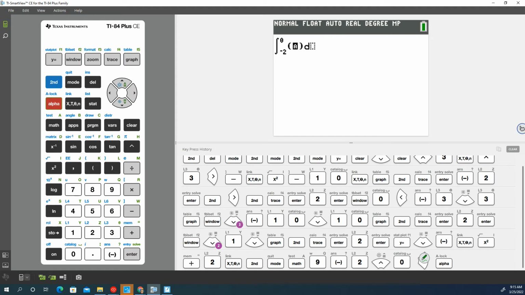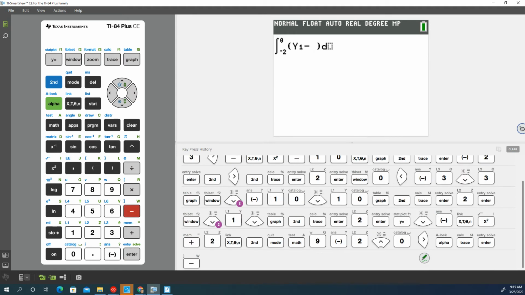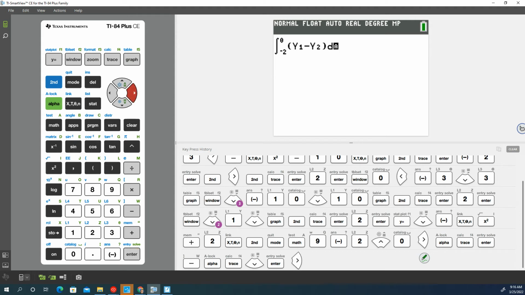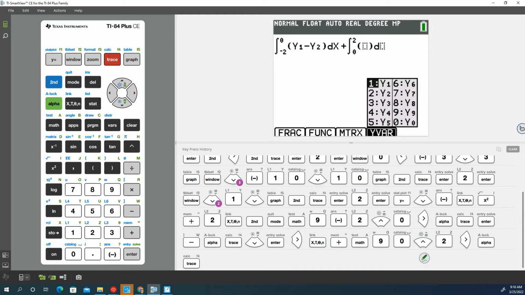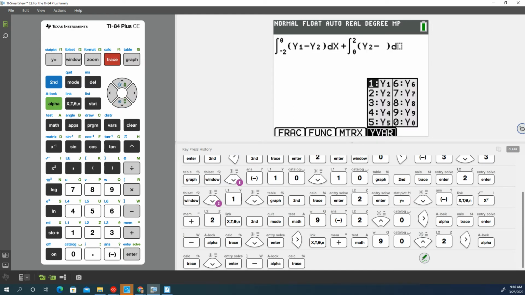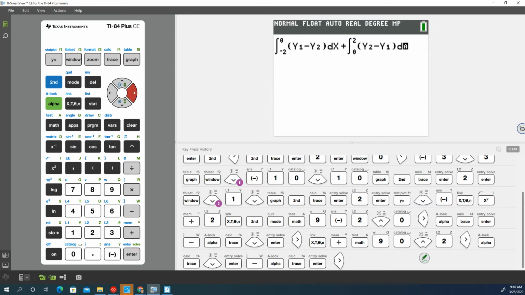My top was my blue curve, so I have that in my Y1 minus my Y2, top minus bottom, with respect to x, plus Math 9, 0 to 2. This time my top was the parabola, the red curve, top minus bottom, dx. 24!